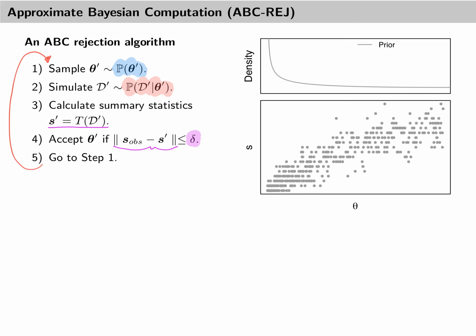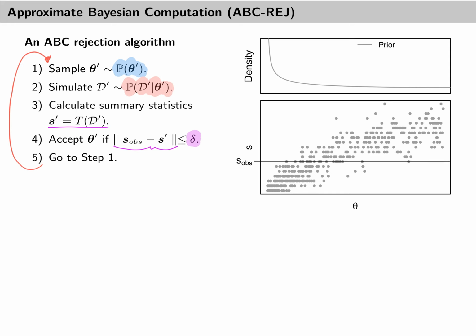On the right here, we see two panels. In the top panel, we see a prior distribution over some parameter θ. In the lower panel, we then see some data generated under this model. Simulations were done as follows. First, a particular parameter θ was drawn from the prior distribution. For this parameter vector, some data was then simulated and summarized as a summary statistic S. Each dot here represents the result of one of those simulations.